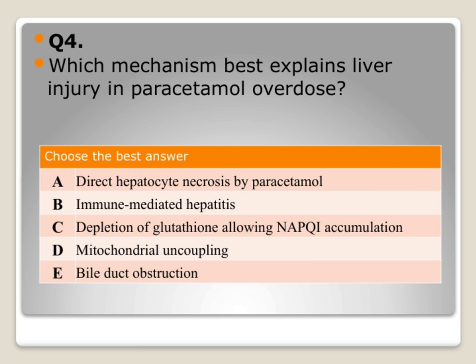This highlights the critical role of glutathione in detoxifying reactive metabolites and explains how overdose leads to hepatocellular injury. Connecting this to our overall theme, understanding this mechanism is essential for effective management, including the use of antidotes like N-acetylcysteine to replenish glutathione levels and prevent further damage.